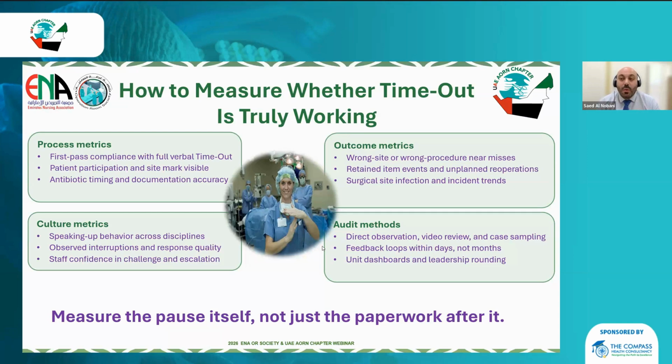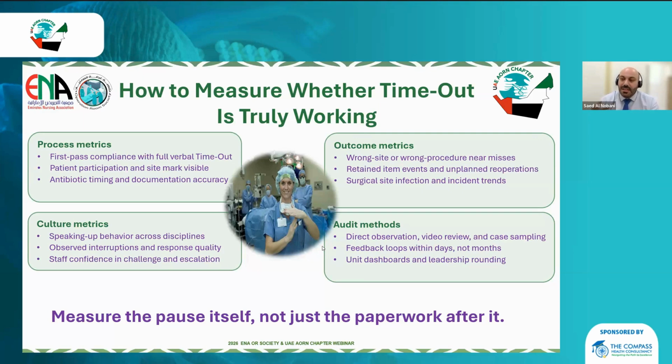see whether we are truly doing the timeout or not. First, the process metrics: I need to pass compliance with a full verbal timeout. This means I'm standing inside the OR, giving a full, loud verification of the patient. Patient participation in the site marking visibility, like using a permanent marker.